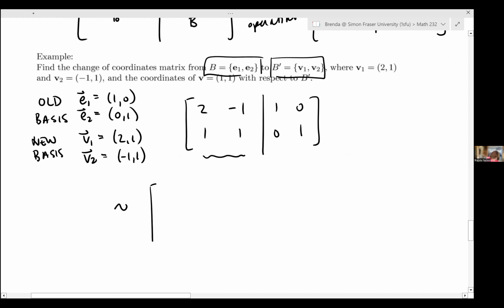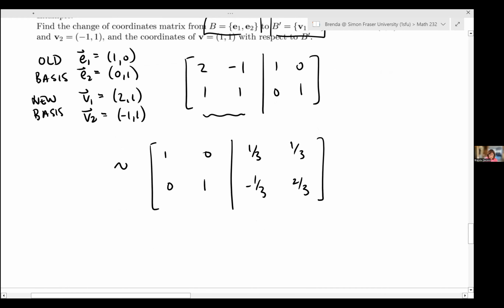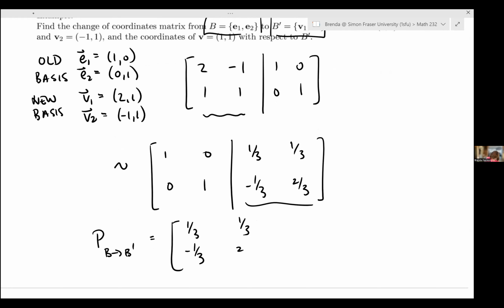You can use MATLAB, or perhaps if you need a little bit more practice, do that by hand. You do your row reduction until you get to this step right here, and then you have your matrix that you were looking for. We're going to label that P, B to B prime, and it is this right here: 1/3, 1/3, -1/3, and 2/3.